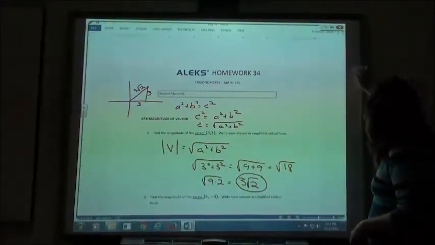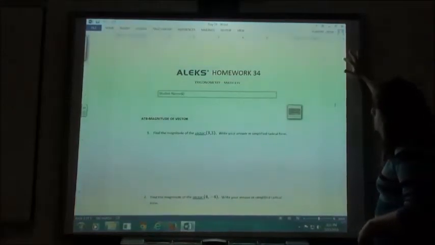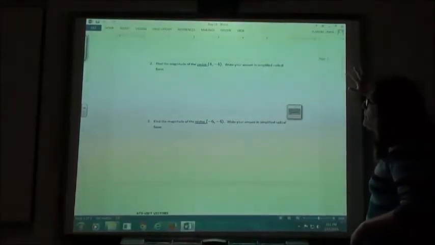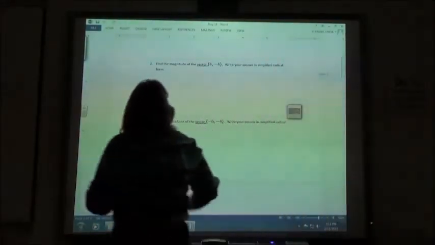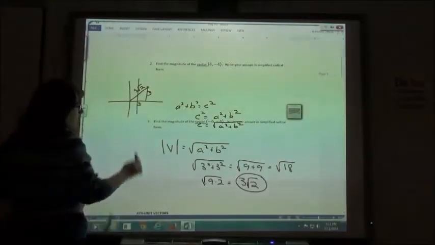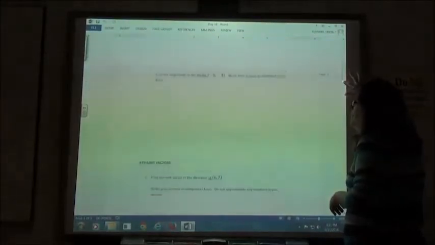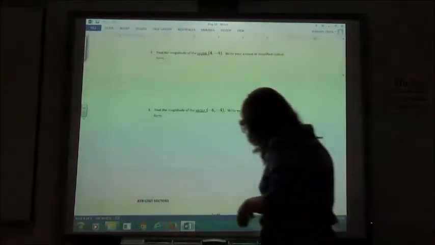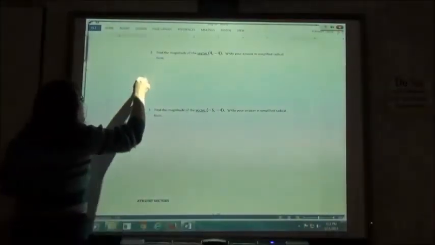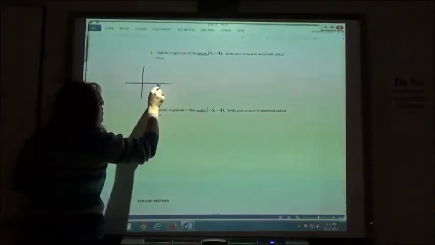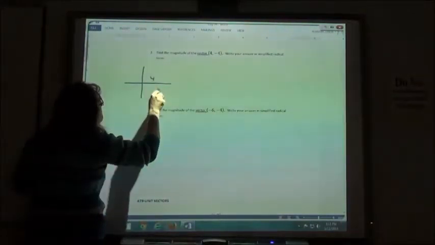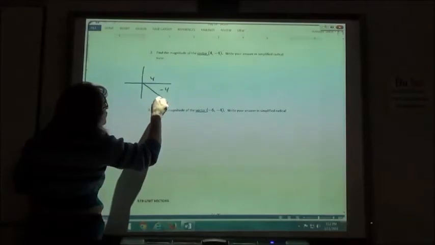So if we look at the next one, we want to find the magnitude of our vector. This time, number 2, my vector goes 4, negative 4, so it's going this way.